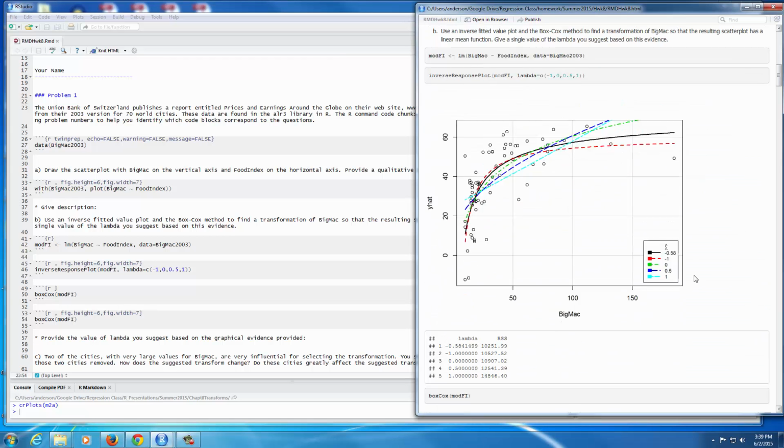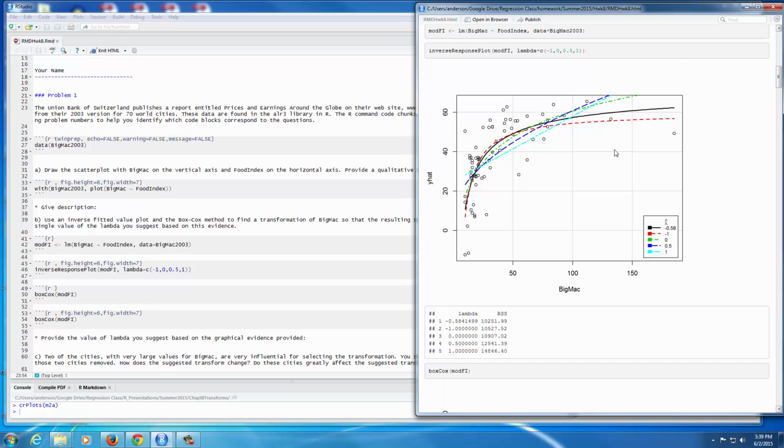In the display in the processed version of the file, you'll see various transforms of Big Mac plotted against each other in the inverse response plot, which puts the predicted values of Big Mac on the vertical axis and the actual values of Big Mac on the horizontal axis. Then there are some curves traced out for various transforms of Big Mac.